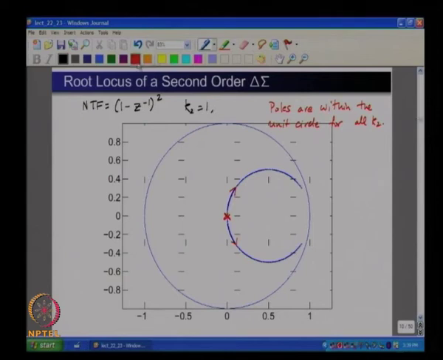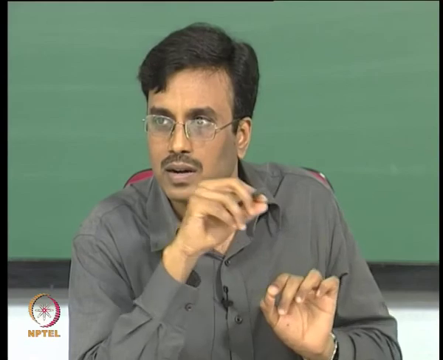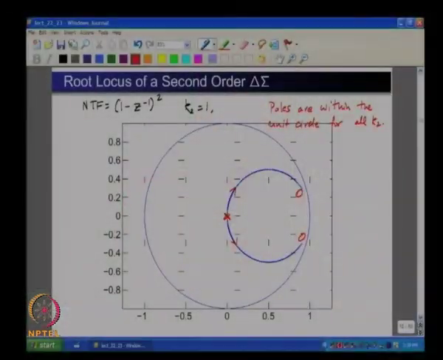So, in other words, the poles are somewhere around here. You understand, this is the root locus for a second order modulator, as the gain starts from 1 and keeps falling down to not 0 in this case, I think it is 0.1, but never mind. So, the poles are still within the unit circle.